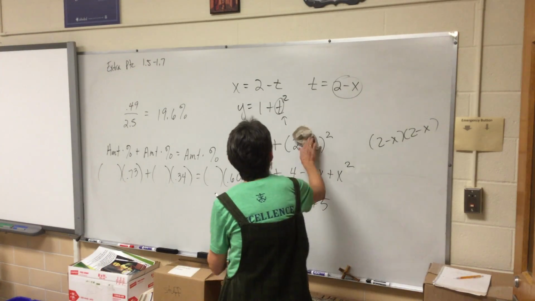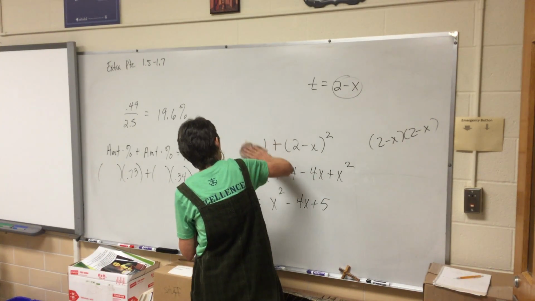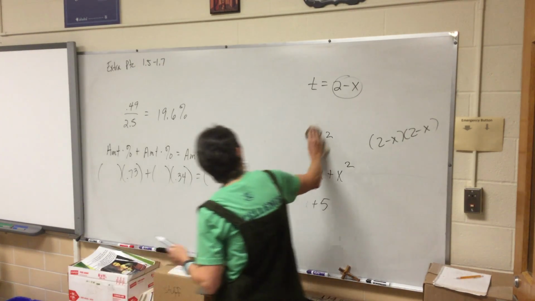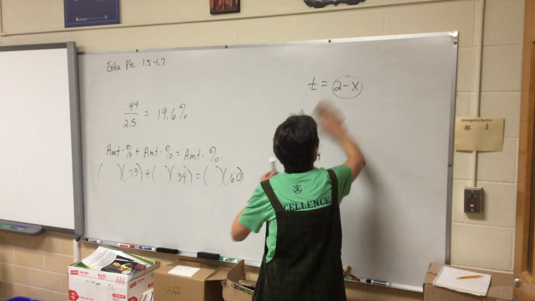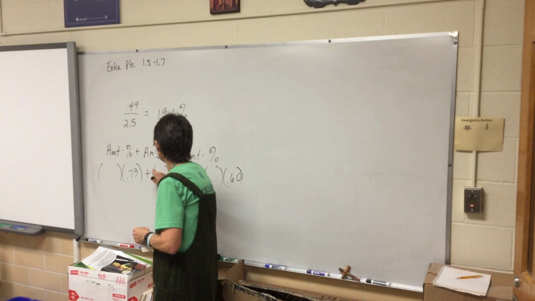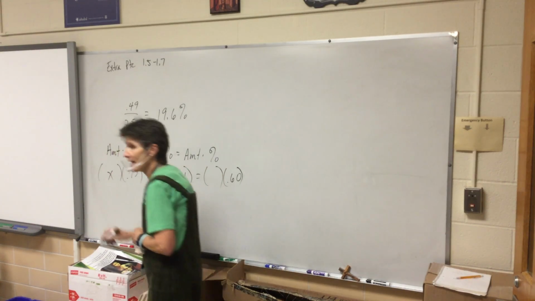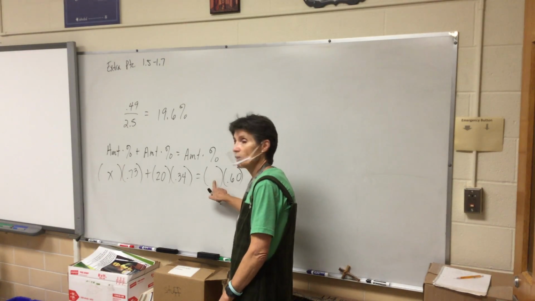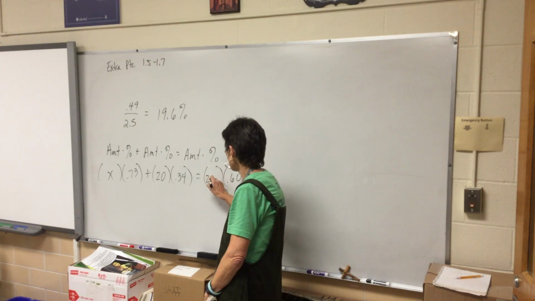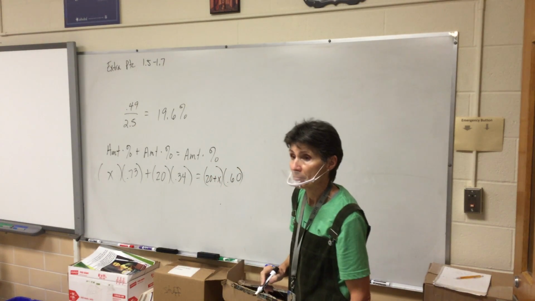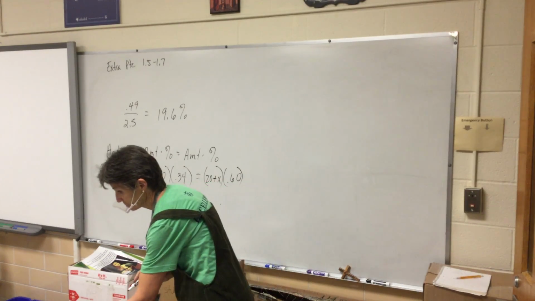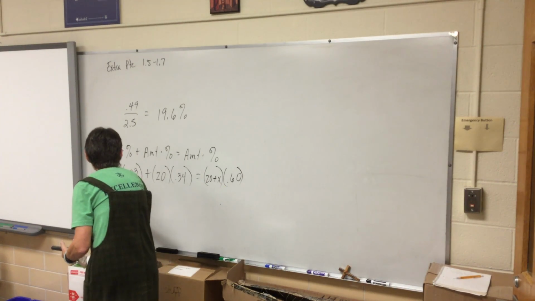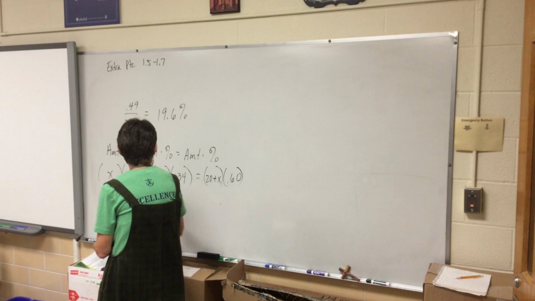What amount do I know? I always know one amount. Which one do I know? 20 ounces. I know 20 ounces. And that one's going to go with the 34. I want to know how much of that I should mix in. So once again, this is on the end. I'm adding them together. So that's going to be 20 plus x. I think we have time to get that cranked out. So 0.73x plus 6.8.